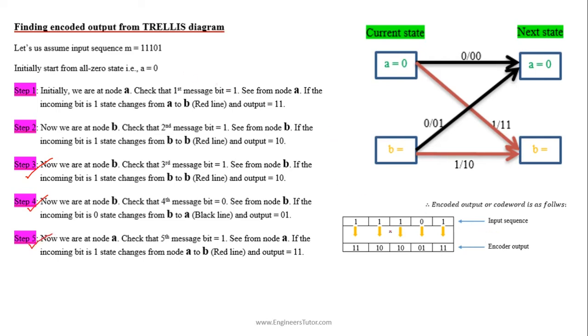So finally for the given input sequence, the encoded output will be 1 1 1 0 1 0 0 1 and 1 1. This way we find the output of the convolutional encoder from the trellis diagram.